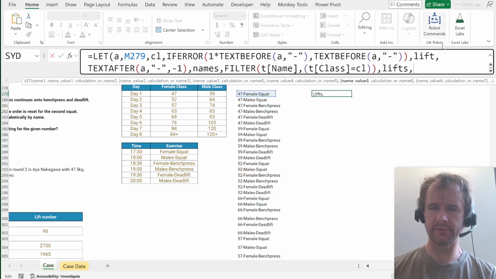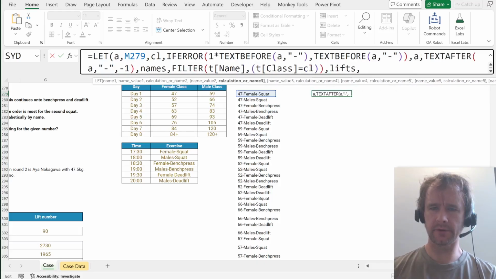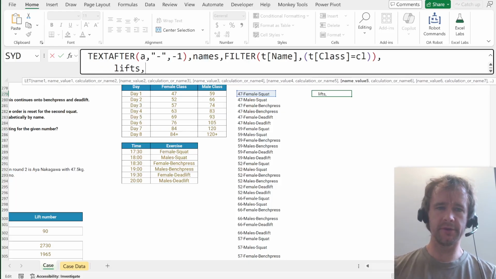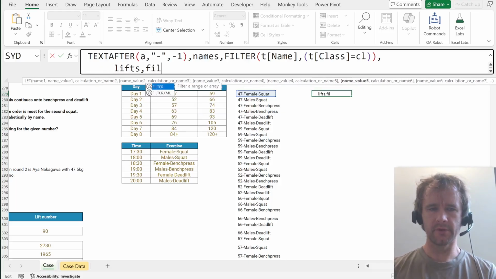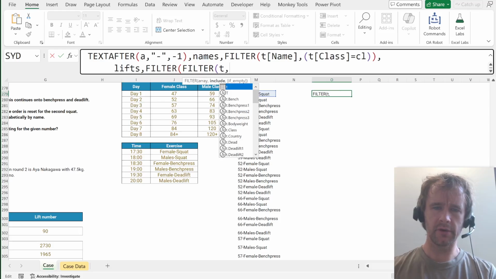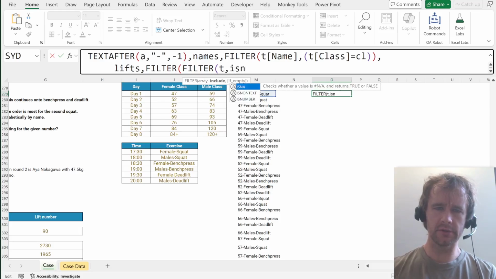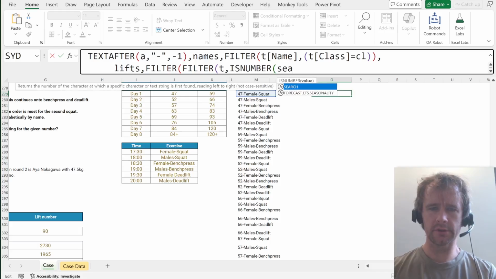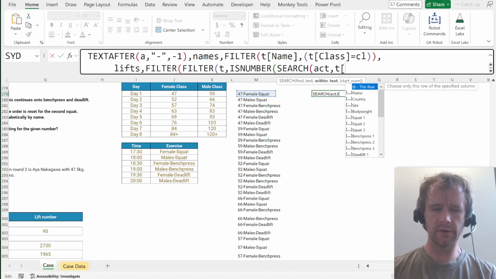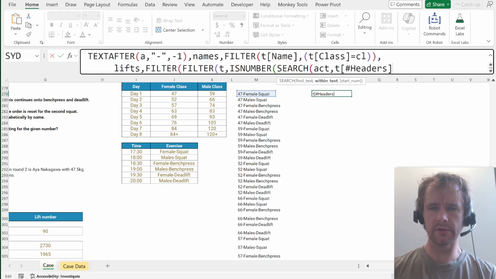Yeah, that's confusing. I'm going to go back to calling this activity. So then lifts is going to be filter. I'll have to filter 2 ways, but I think I have to do that as 2 filters. So filter T, where is number search activity in T headers.